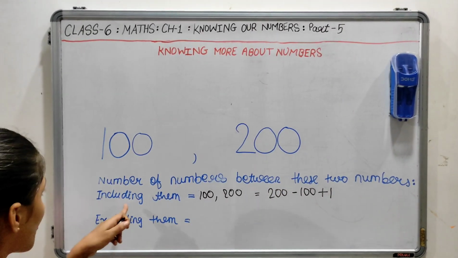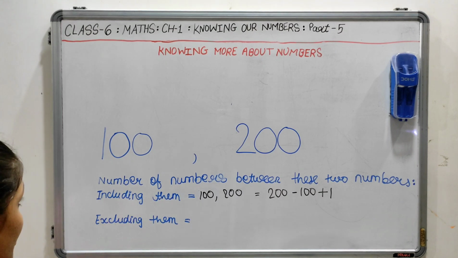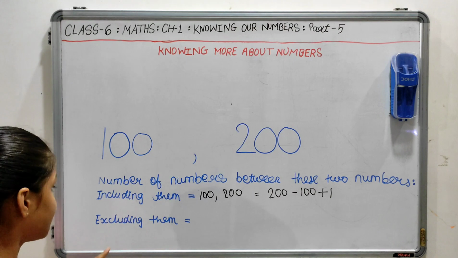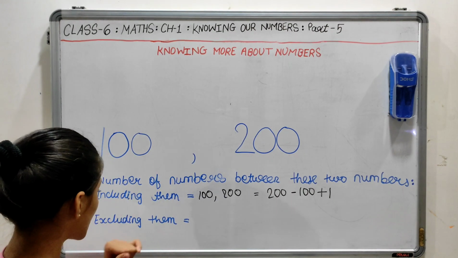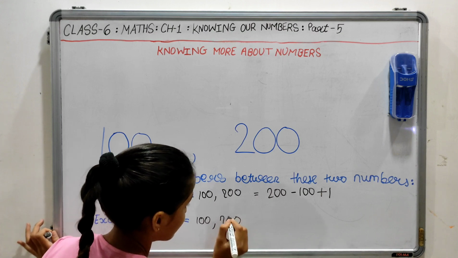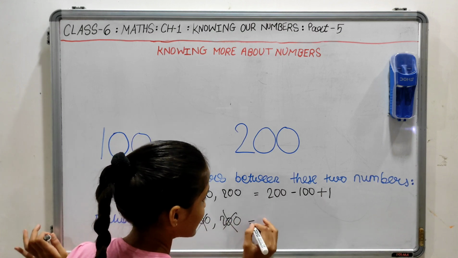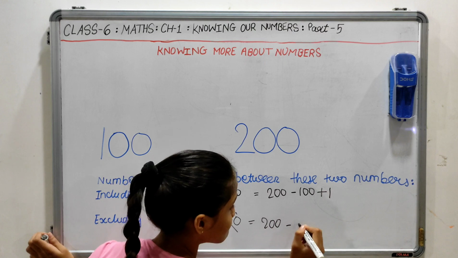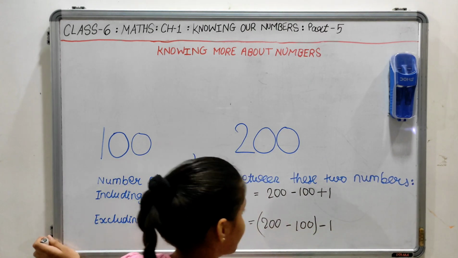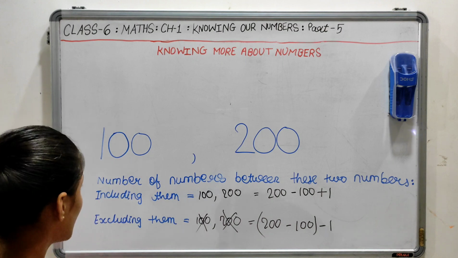This is the formula for finding the number of numbers between them, including them. Now excluding them, excluding 100 and 200, we get 200 minus 100, minus 1 this time.